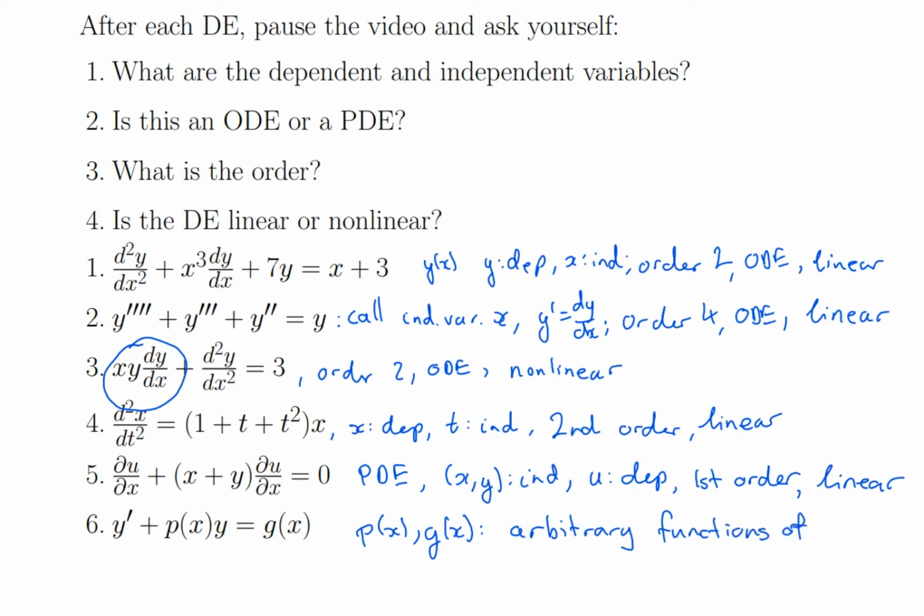So, again, I'm looking for y of x. This would be a first order linear ODE. And in fact, because I've let the coefficient functions be any function of x whatsoever, this would be the most general first order linear ODE.